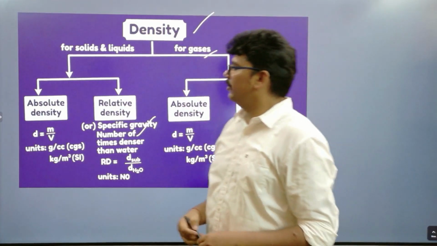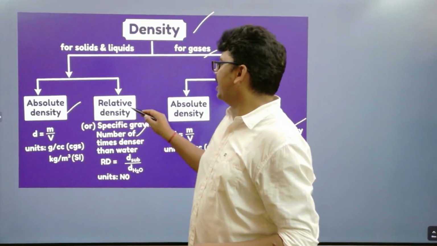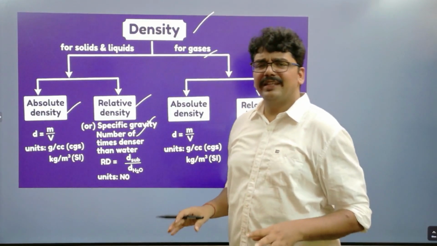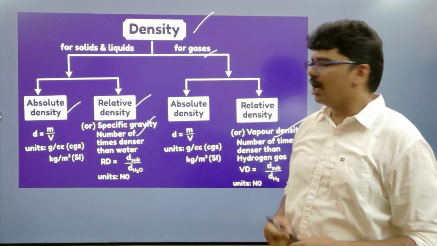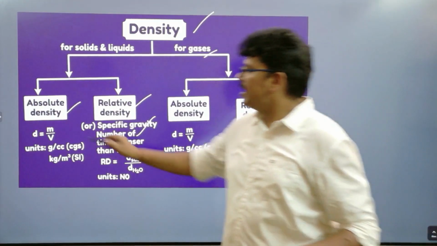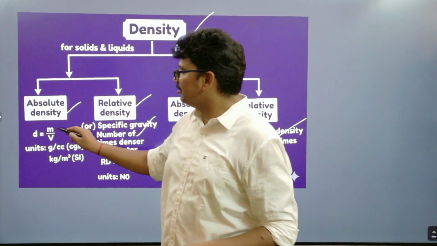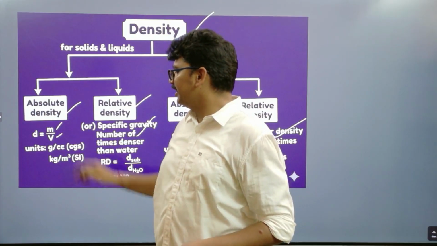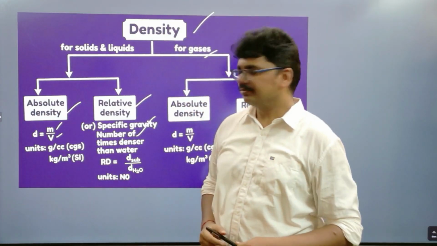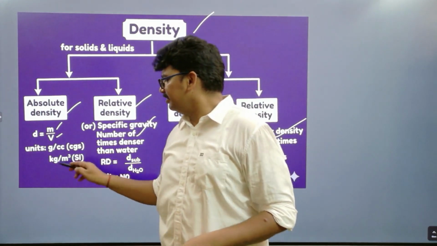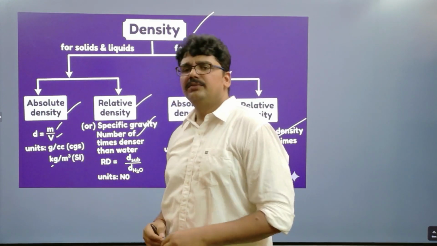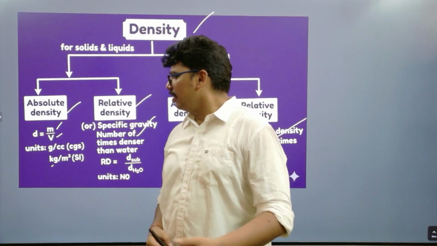For solids and liquids, we have absolute density and relative density. Absolute density means the actual density of the molecule. How it is calculated? Mass by volume. What is its unit? Grams per cc. Mass unit is grams and volume unit is cc in CGS system. SI system, mass is in kilograms, volume is in meter cube, kg per meter cube or grams per cc.